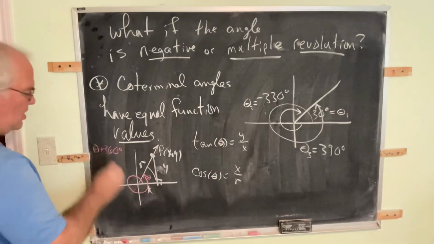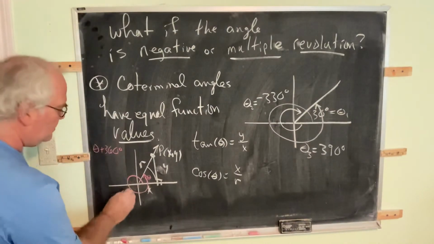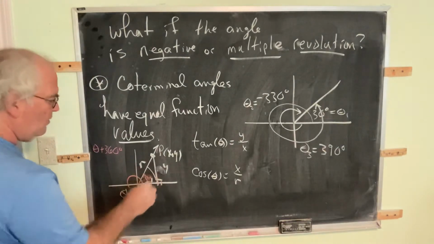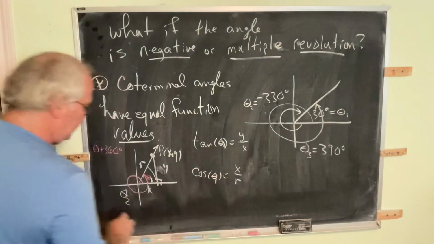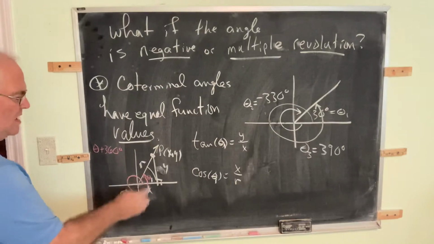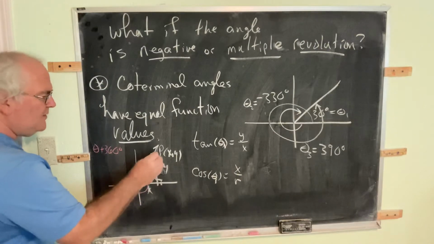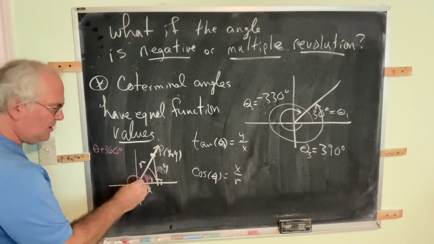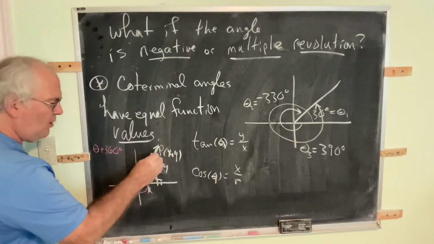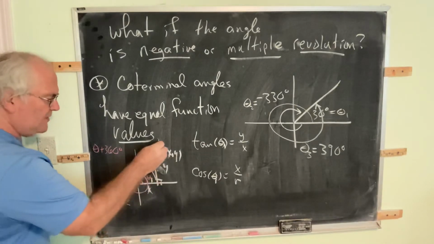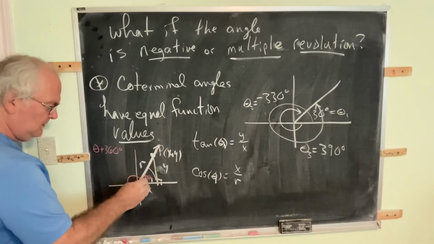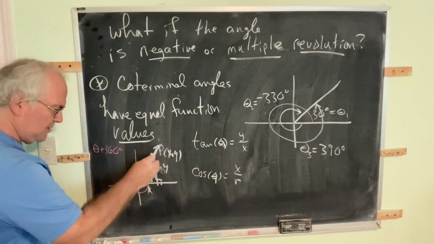Let's call this one theta 1, and this theta 2. Theta 2 is the coterminal angle to theta 1. But since they have the same terminal side, this point x comma y, which lies on the terminal side of theta 1, also lies on the terminal side of theta 2.